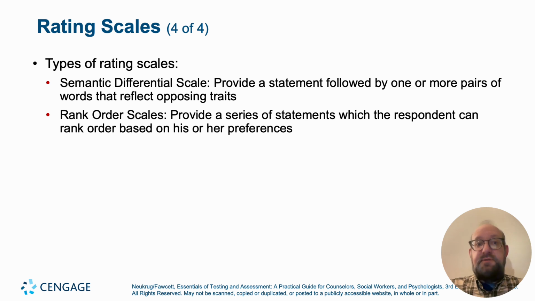This type of scale is used again in a variety of settings: education, business, research, etc. There's a variety of different types of rank order scales. They provide that clear, easy to understand way of comparing that helps the person completing it make informed decisions.